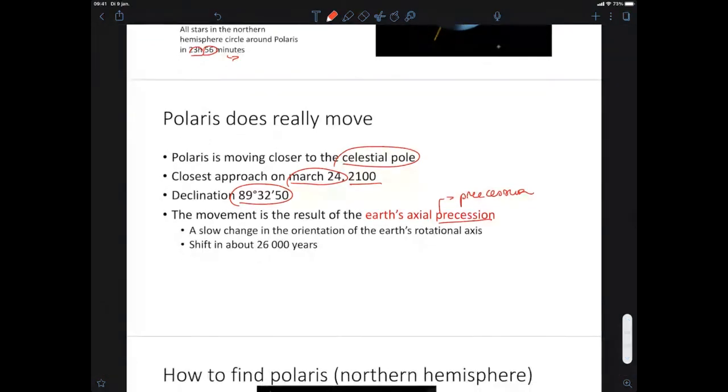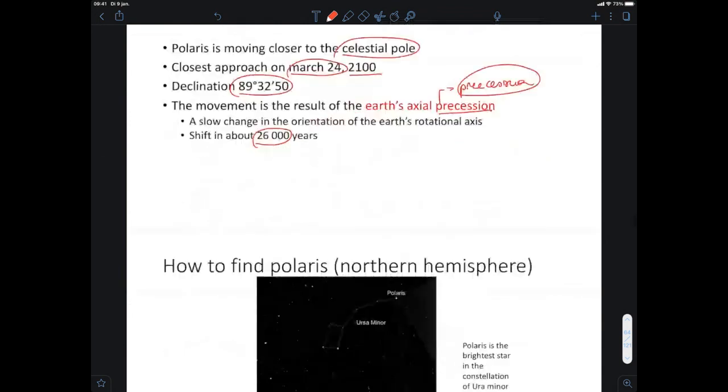Okay. Now this goes in cycles as well. We know that one precession cycle of the Earth's axis takes about 26,000 years. So voila, the movement of Polaris and all the other stars around it will have the same cycle.